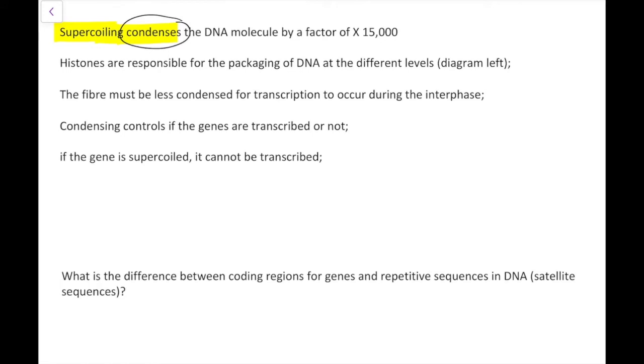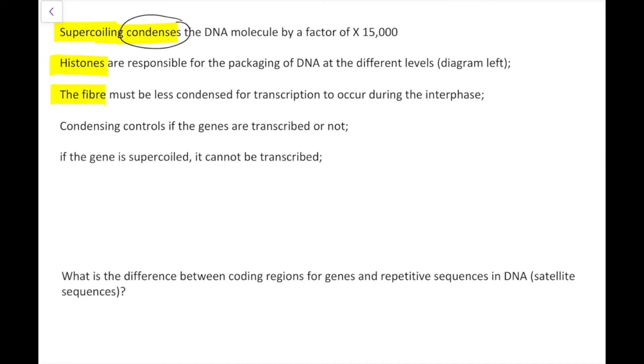So this is condensing. And so it's about 15,000 times smaller than it would be if it was not packaged into nucleosomes.